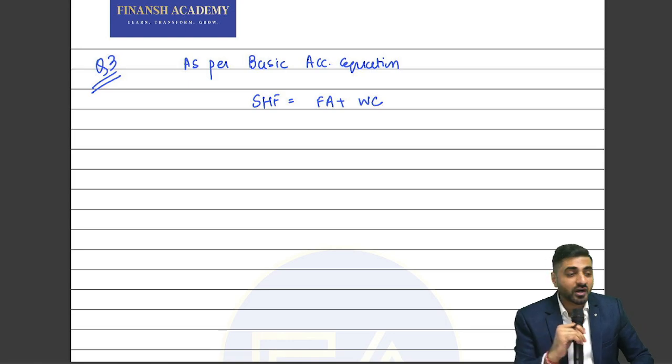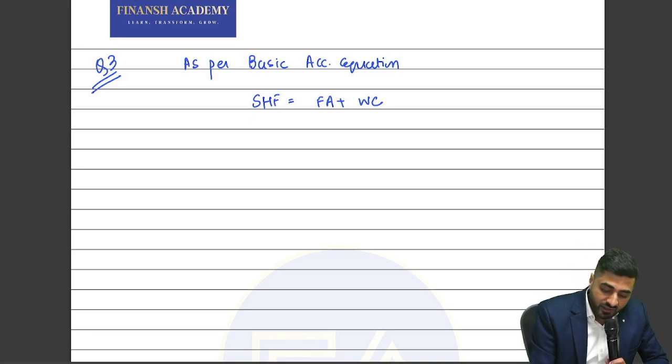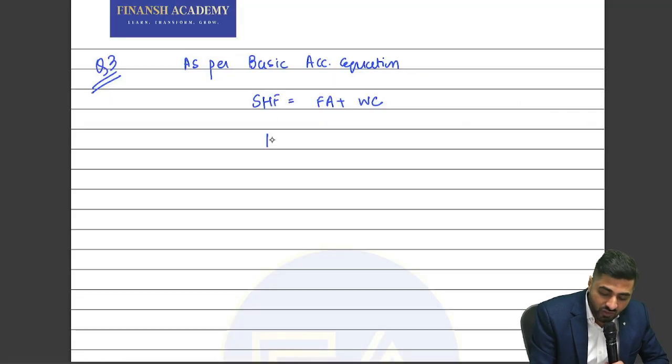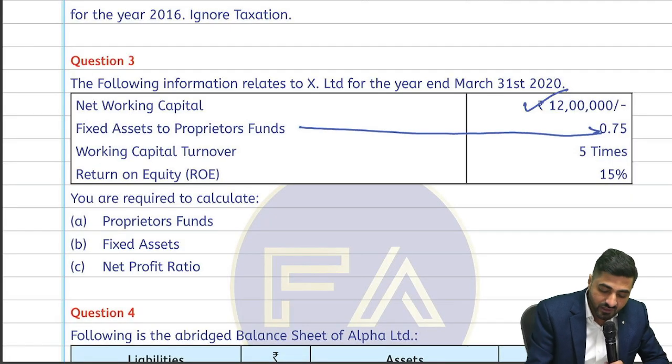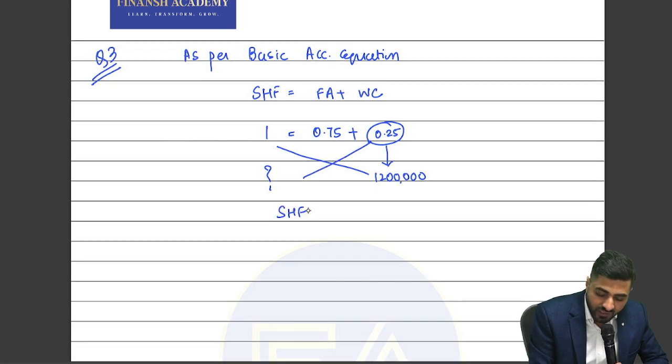Everyone please tell me what is the amount of my shareholders' funds. What is the fixed assets to proprietor's fund given to you? Can I say on 1 rupee of shareholders' funds, 0.75 is fixed assets? Working capital is 0.25. Do I have the working capital amount? How much is that? What will be the shareholders' funds? 48 lakhs. Come on, yaar.